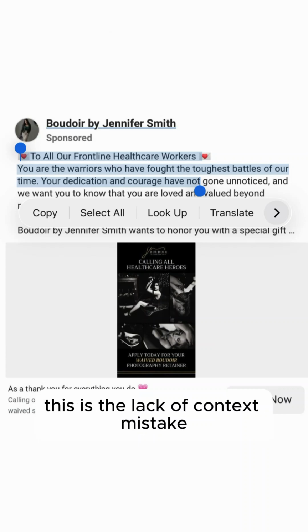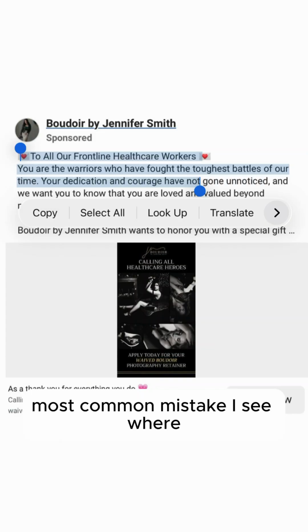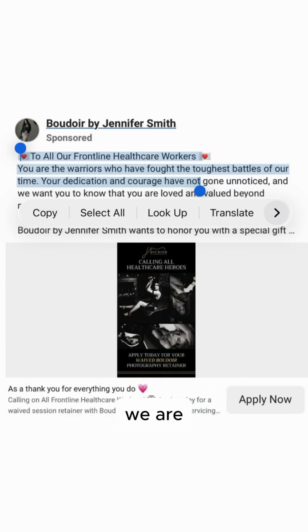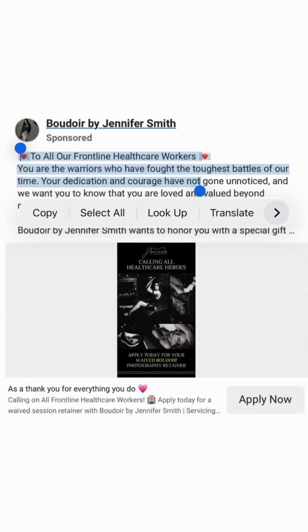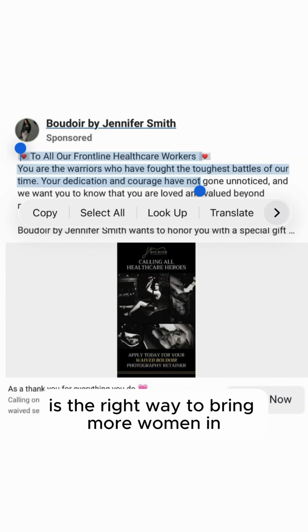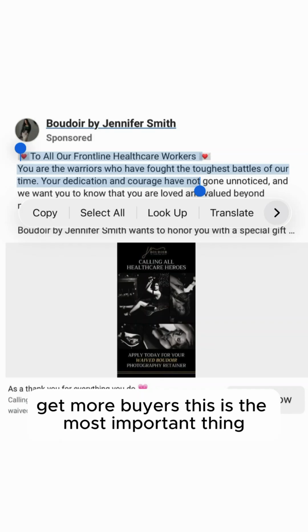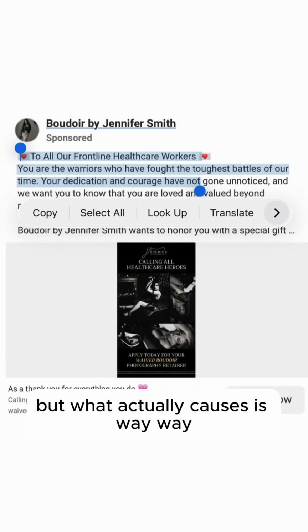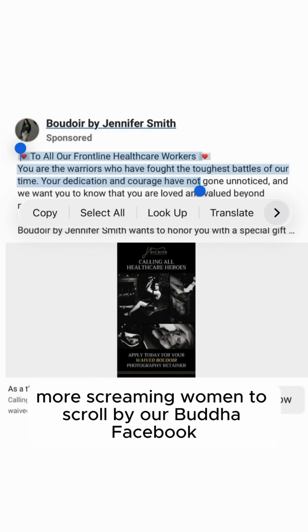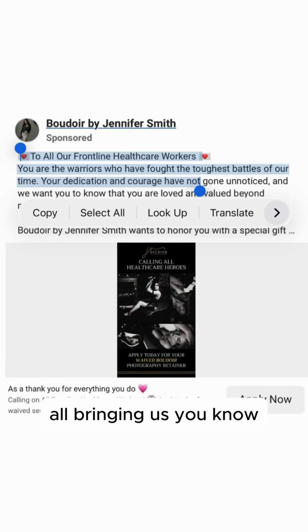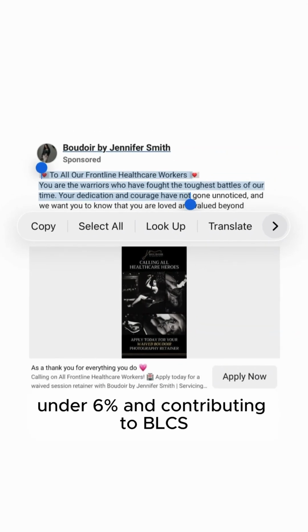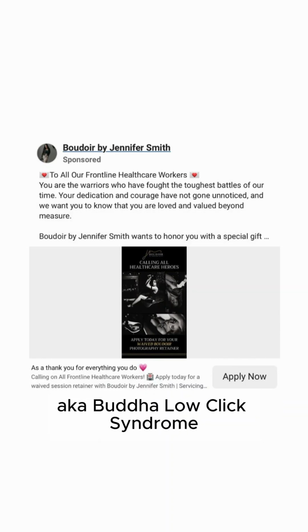So yeah, this is the lack of context mistake, most common mistake I see, where we are believing that a small amount of context in our headline is the right way to bring more women in, get more buyers. This is the number one most important thing, to bring in more buyers. But what it actually causes is way more women to scroll by our Boudoir Facebook ad than necessary, lowering our unique CTRL, bringing us under 6% and contributing to BLCS, aka Boudoir low click syndrome.